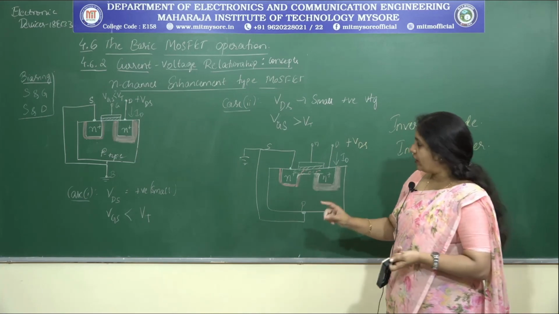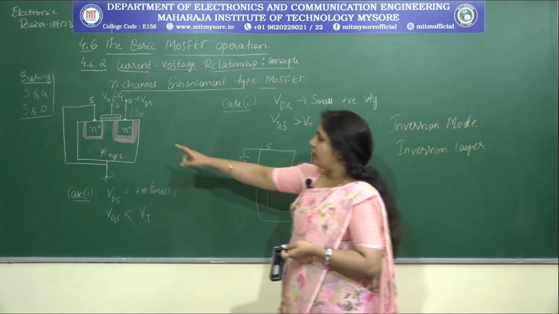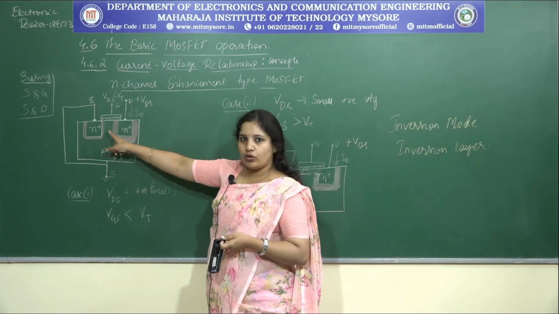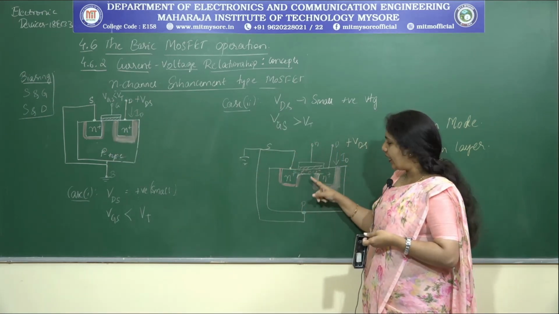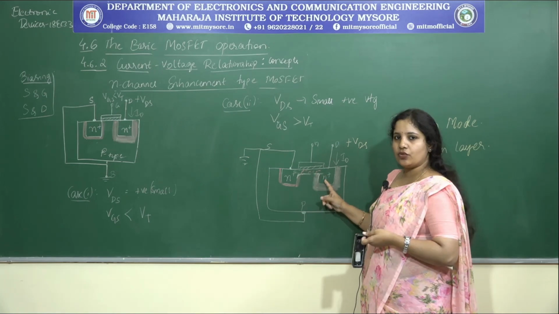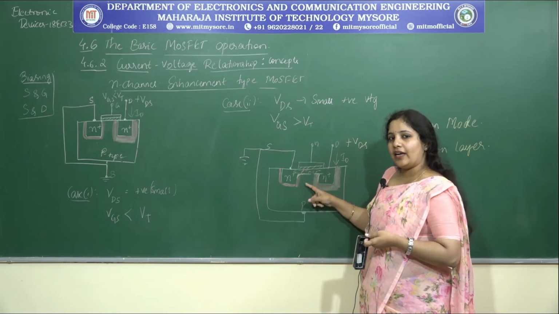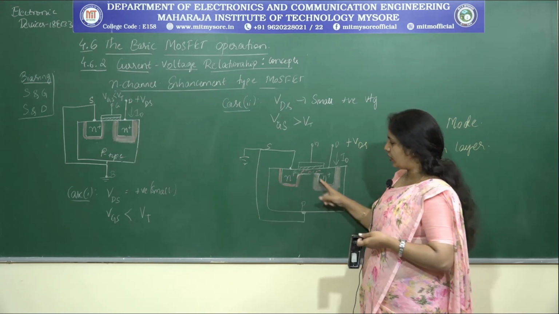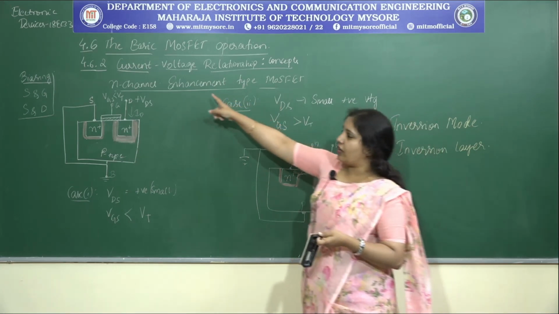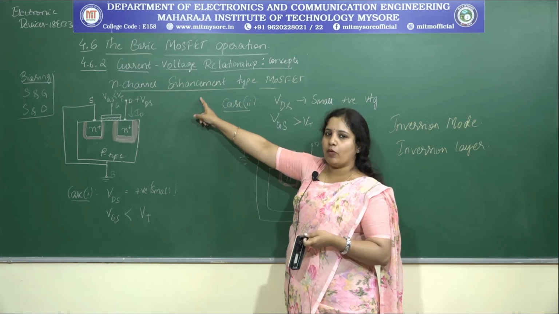Done. Now one thing you have to understand here is, was there a channel before? No. Now when I increase the voltage greater than threshold, we created a channel between the source and the drain. We try to enhance a channel between the source and the drain, thereby we got the name enhancement type MOSFET.